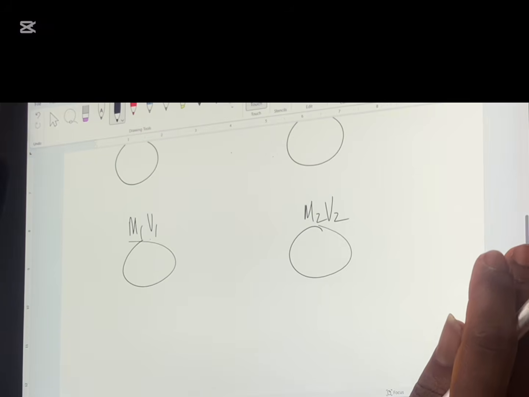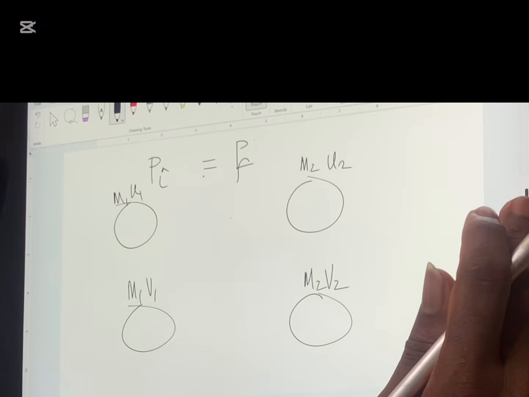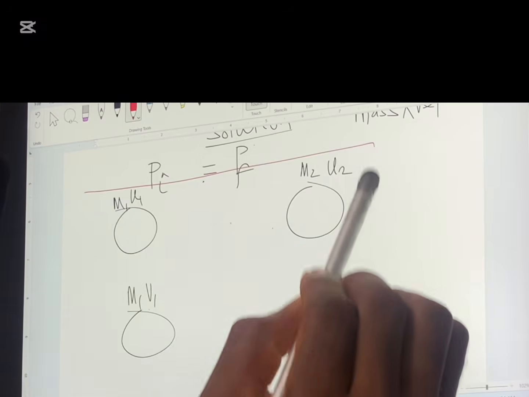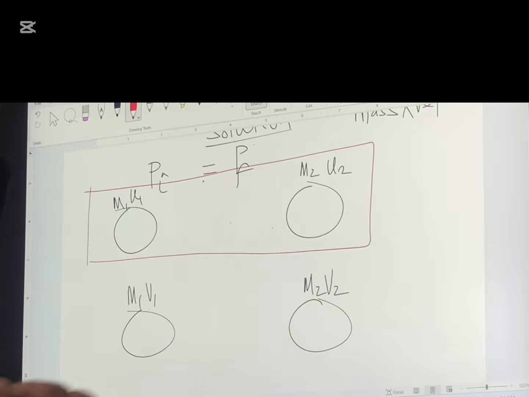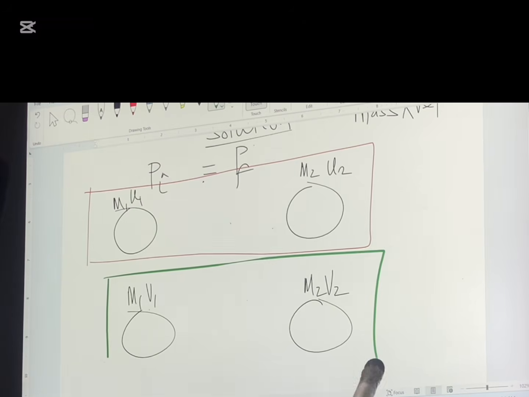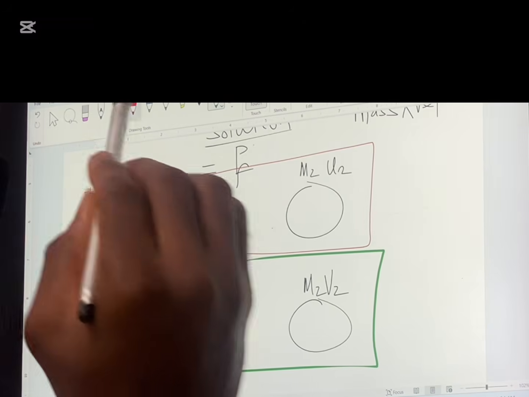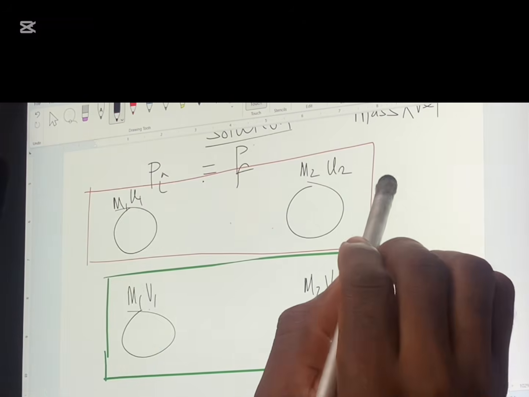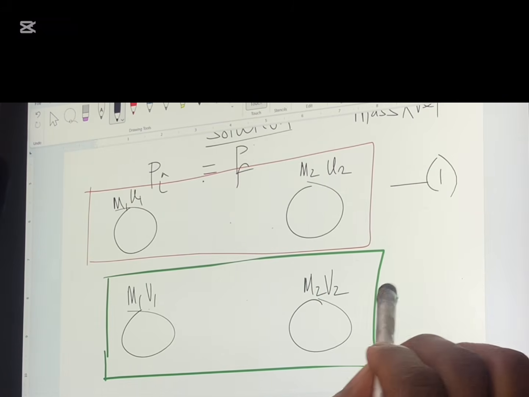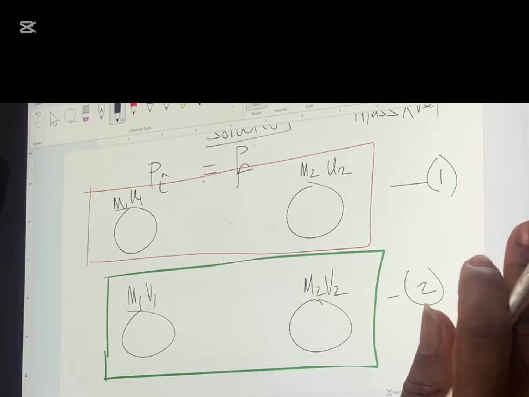So writing the sum of the momentum before collision, and also the sum of the momentum after collision, I will have this as my equation 1, that is before collision, and this as my equation 2, that is after collision.